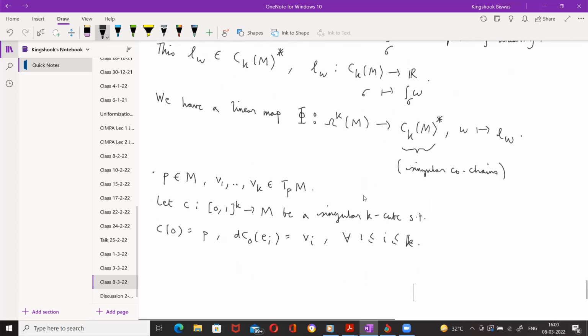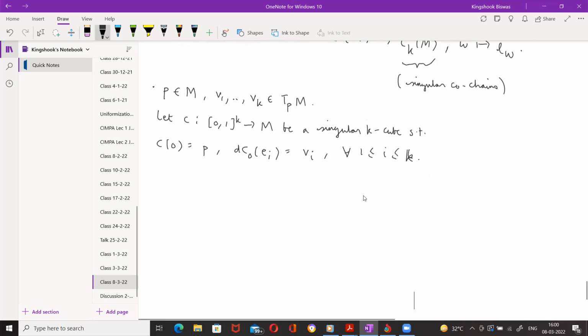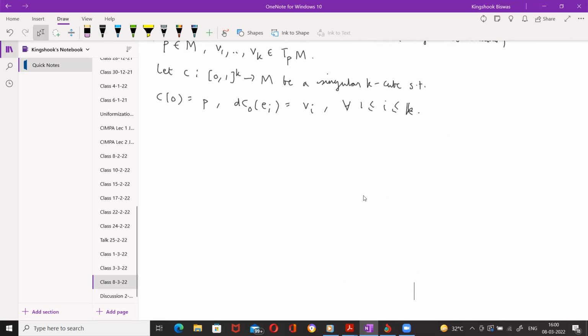So the picture is that here we have P and here we have, let's say, k tangent vectors v1, v2, through vk.